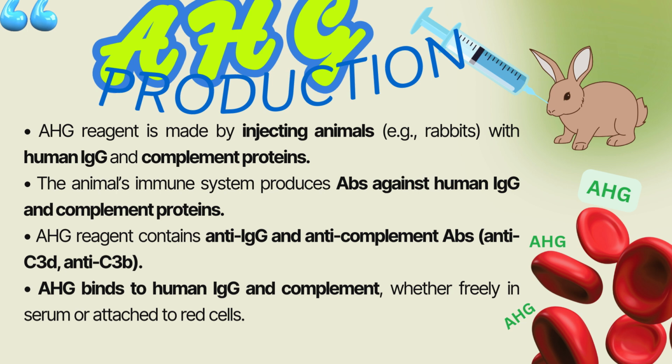When the AHG reagent is formulated, it contains anti-IgG and anti-complement antibodies, specifically anti-C3d and anti-C3b. So these antibodies are capable of binding to human IgG and complement proteins, whether they are freely circulating in the serum or attached to red cells. So this binding capability makes AHG reagents invaluable in enhancing our detection of antibodies during various tests. So it ensures that even low levels of antibodies don't go unnoticed, thereby increasing the accuracy and reliability of our results.